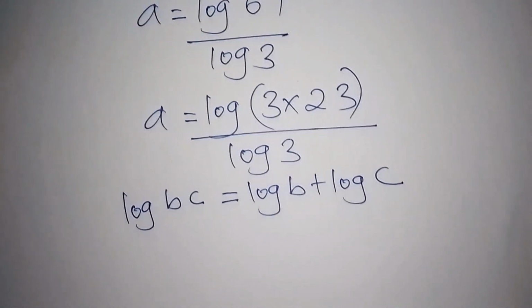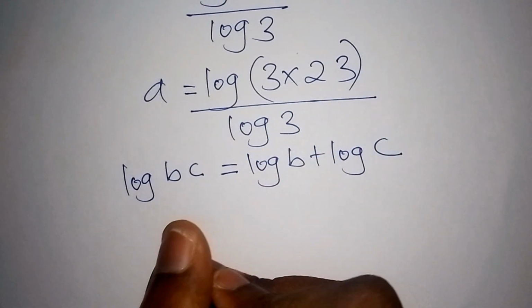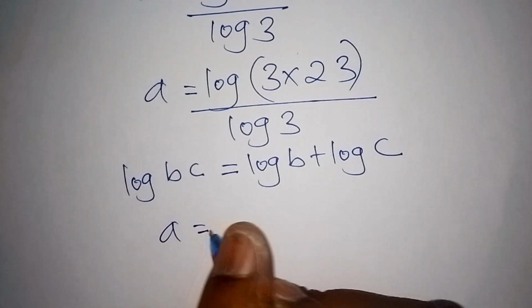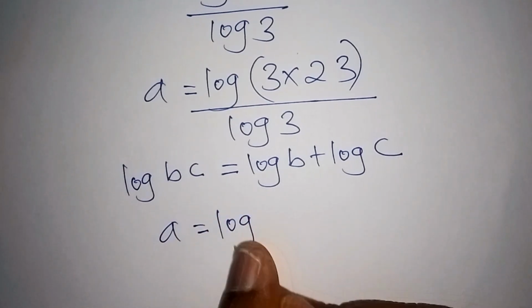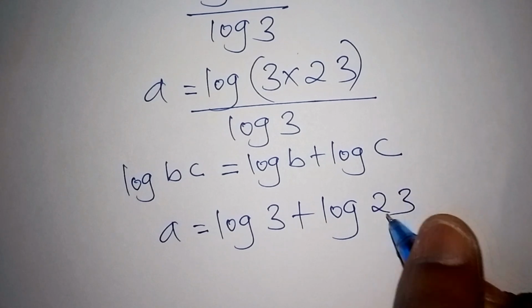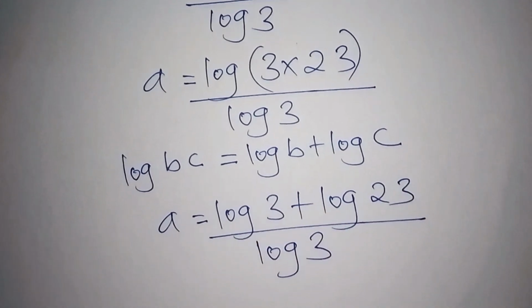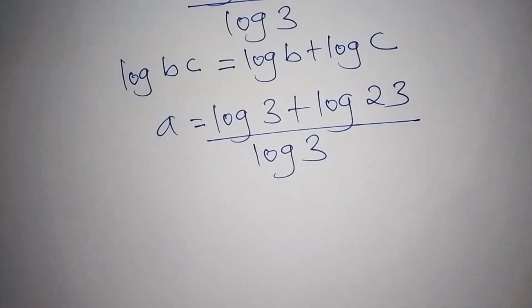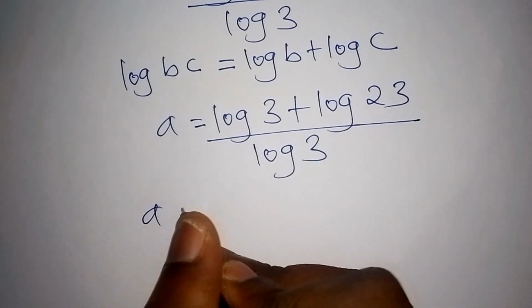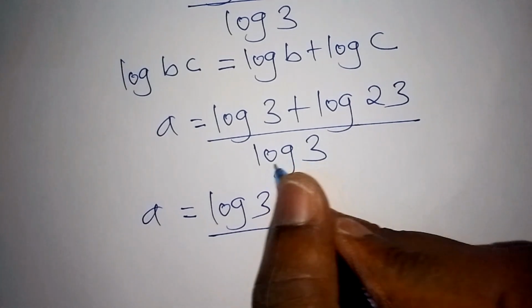So that is to mean that we can still change the log of 3 multiplied by 23 by now having a is equals to the log of 3 plus the log of 23. So all of this all over the log of 3. So now our a in this case, so a is equals to the log of 3. So we shall divide both sides by the log of 3.